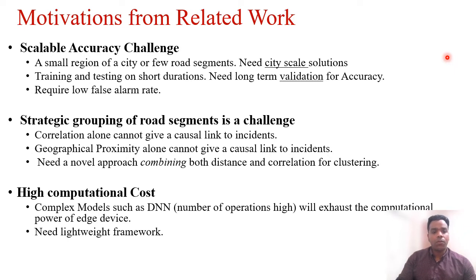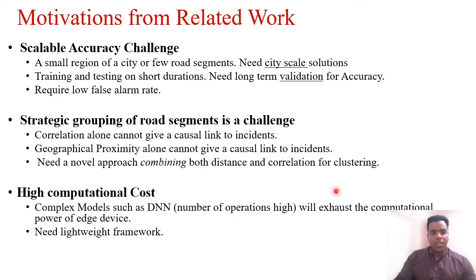Also, some of this work considered grouping road segments into several parts, done to detect incidents in a distributed manner. While doing so, they considered correlations or different geographical proximity parameters. But these parameters alone cannot bring the causal link of the clustering with the incidents, so we need to combine both of these together to bring the causal link with the incidents.